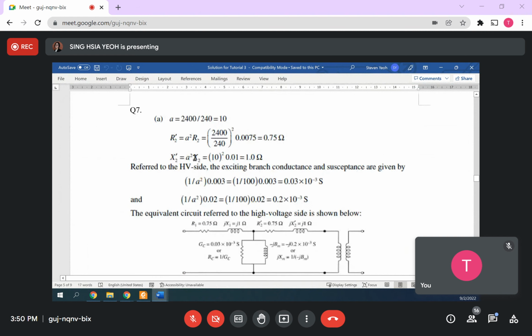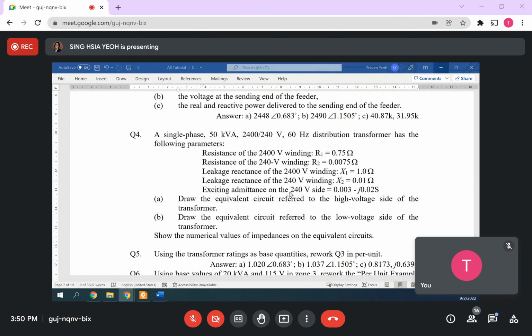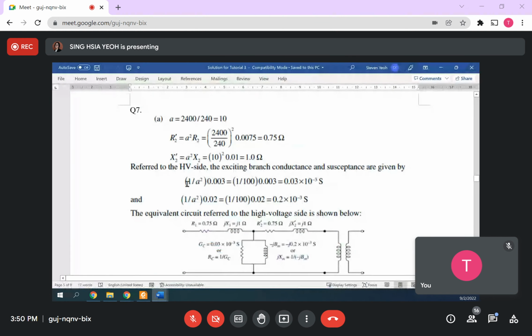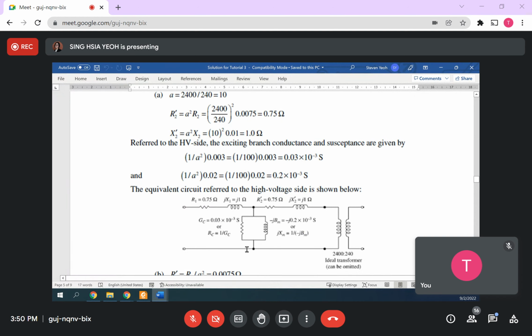For the admittance, because it is in Siemens, it is 1 over everything. Instead of A squared, now it's 1 over A squared. So here it will be 1 over n1 over n2 power 2. Then you get the value and put it here. Any questions? I give you 1 minute to look at the answer.